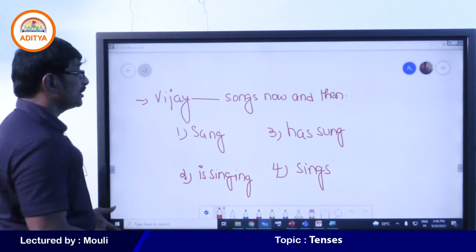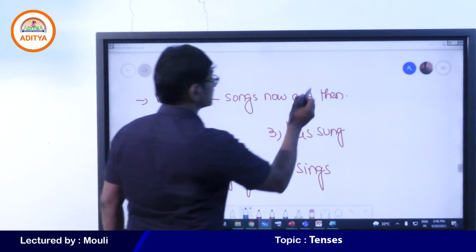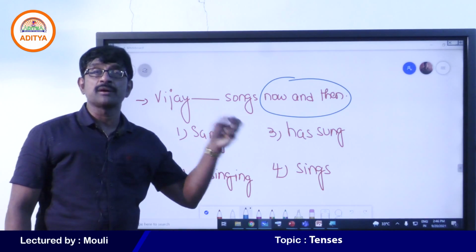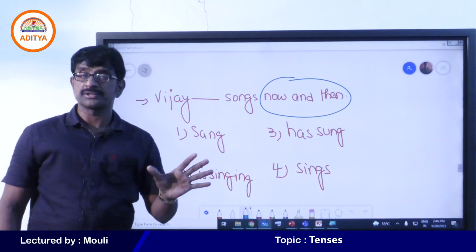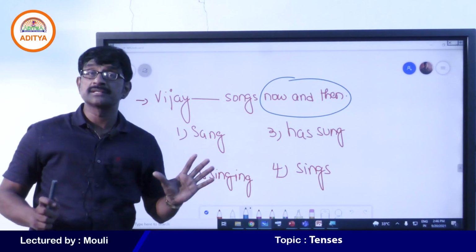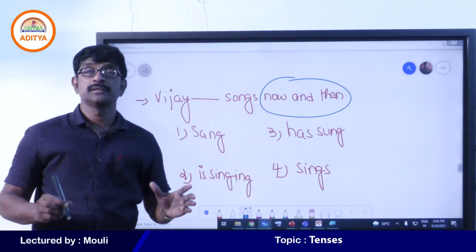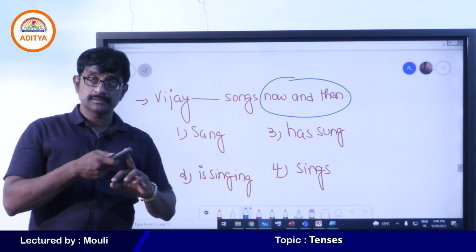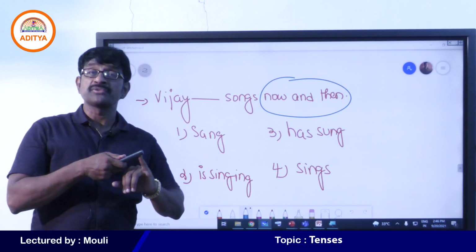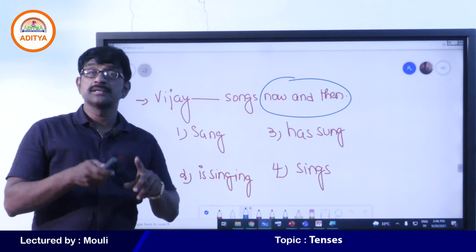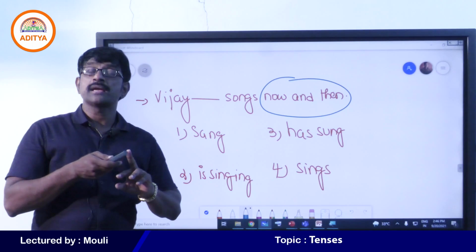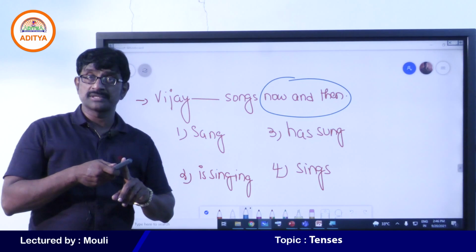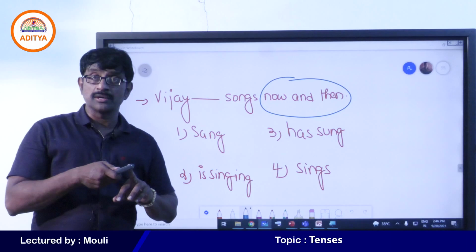Okay students, how to recognize the best answer among these? You take first "now and then." Now and then means simple present, that's it. I have given you some hints for each and every tense. You take daily, every day, weekly, every week, monthly, every month, yearly, every year, now and then, sometimes, off and on.